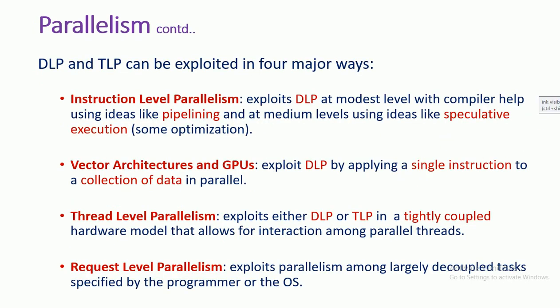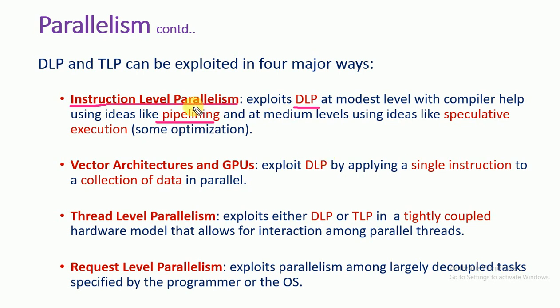So this data level parallelism and task level parallelism can be exploited in 4 major ways. First one is by using instruction level parallelism. Instruction level parallelism exploits data level parallelism at a modest level with compiler help using ideas like pipelining. Pipelining is a mechanism that is used for implementing parallelism. So instruction level parallelism, internally within the processor, is used if more instructions are to be executed at the same time, or some instruction is to be given for a very large data.